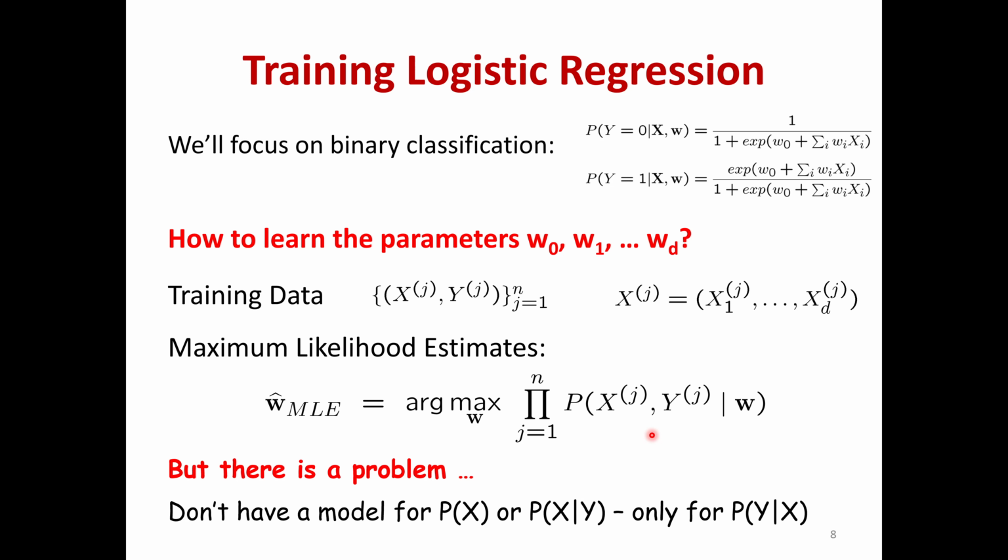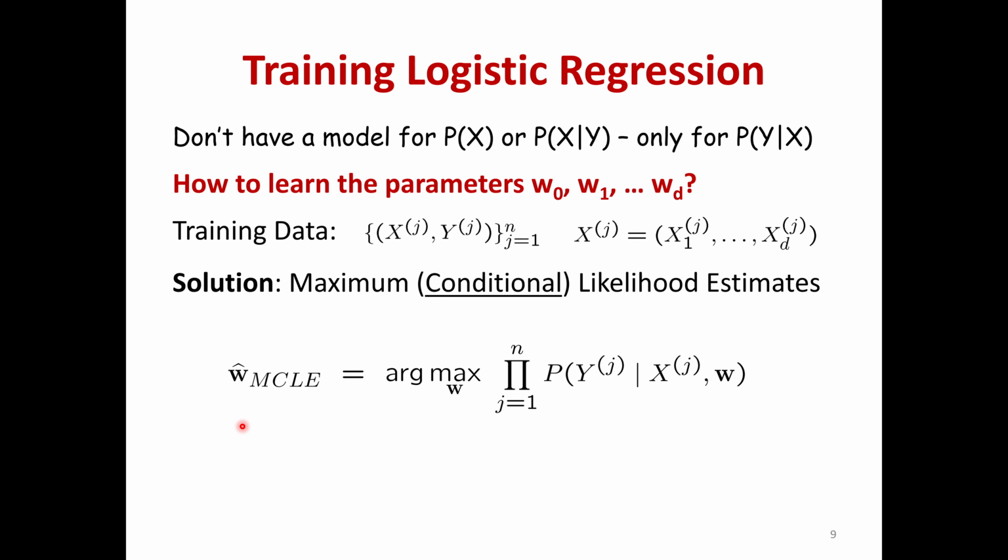The problem is that we don't have a joint distribution of x and y. As we discussed, this time we don't want a generative model. We only want to create a discriminative model where we only need to model the probability of y given x.